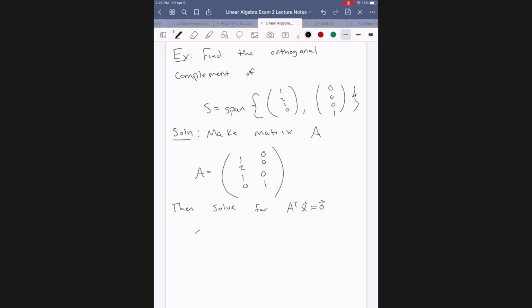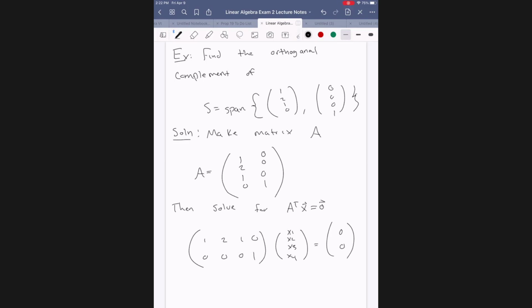In other words, the matrix with rows 1, 2, 1, 0 and 0, 0, 0, 1 times x1, x2, x3, x4 is equal to 0, 0.